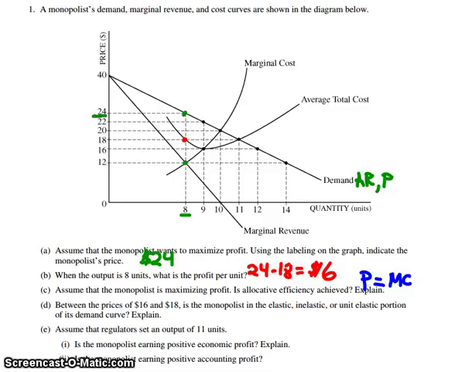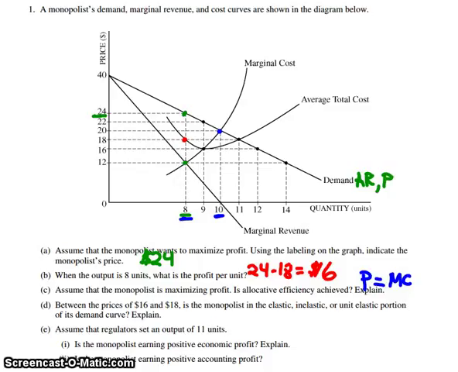So the answer is going to be no. Allocative efficiency is not achieved. And just to show that, they would produce 8 units, according to their profit maximizing rule, where marginal revenue and marginal cost are equal. However, the allocatively efficient quantity where price and marginal cost are equal is at 10 units. So that's the answer for C.